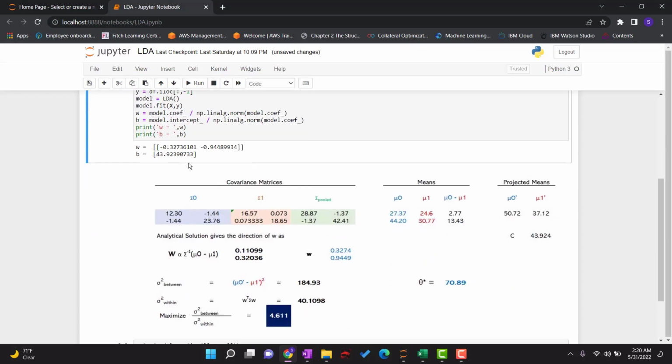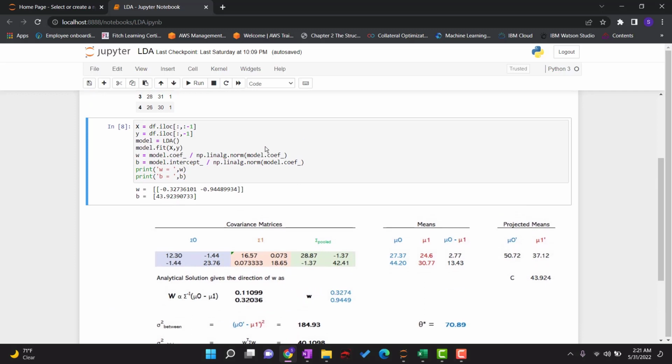So we get this. Okay, and here I have put the screenshot of Excel results. Now you can see that W, well, it comes with a negative sign, interesting, but the direction is the same. It will be 180 degrees opposite of what we have here, but if you look at the orientation, it's the same, 0.3274 and 0.9449. And B here, which determines the location of the decision boundary, that's 43.924. So that's what it is.